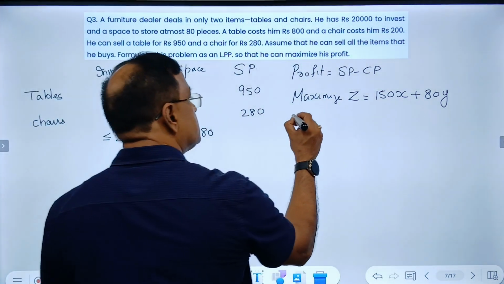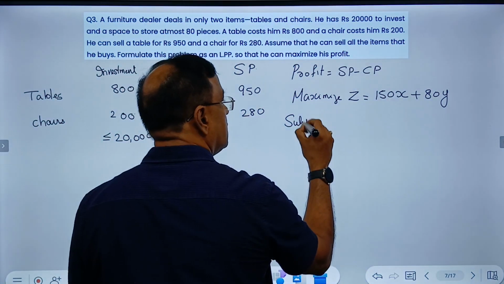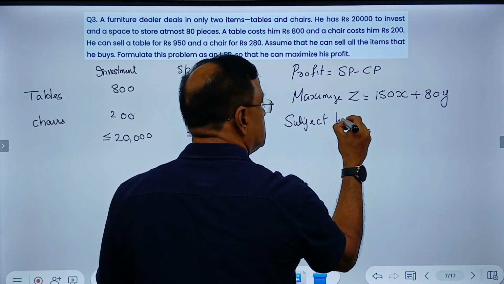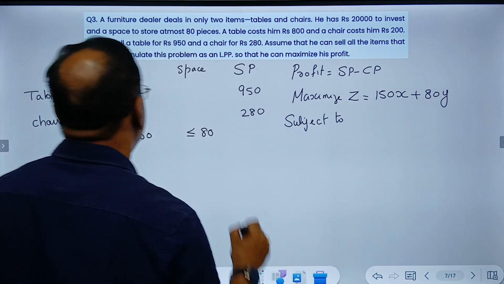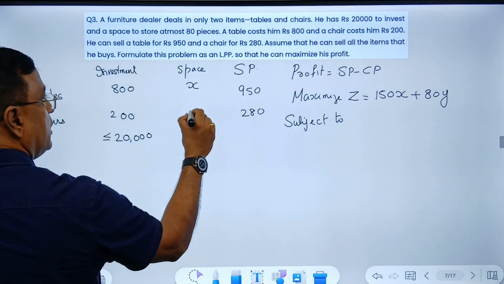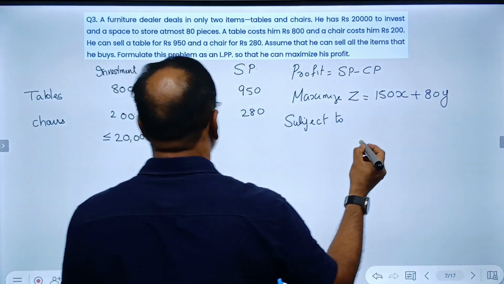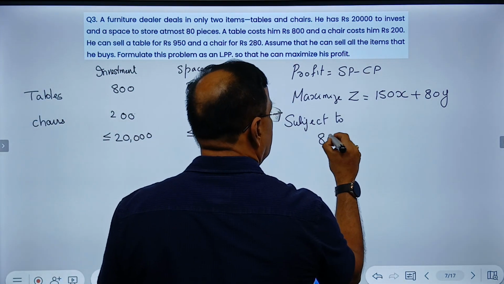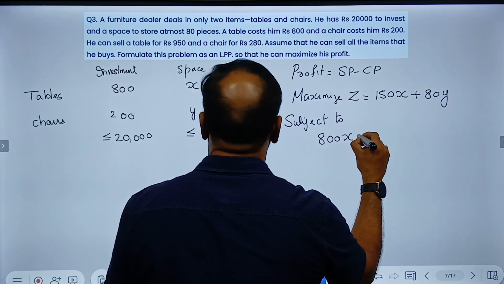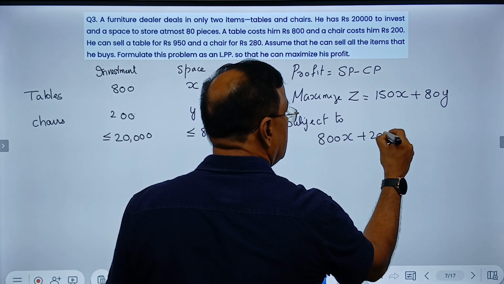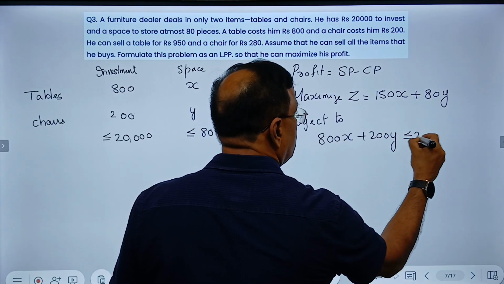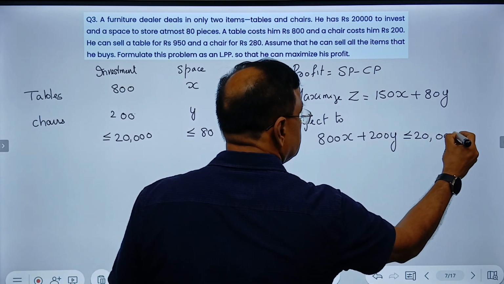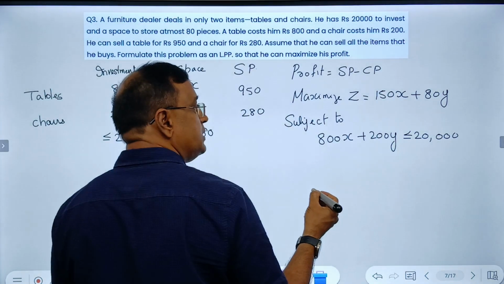So what are my constraints? Subject to, let the number of pieces be x and y. So subject to 800x plus 200y is less than or equal to 20,000. If you want, you can simplify this.